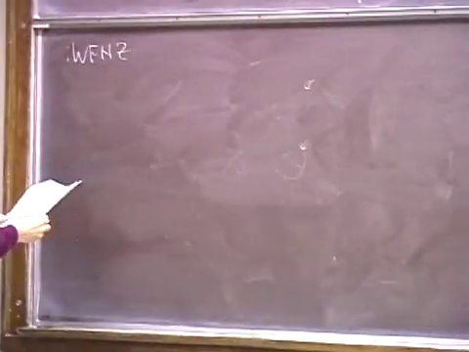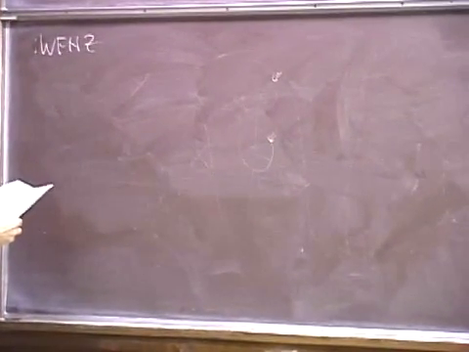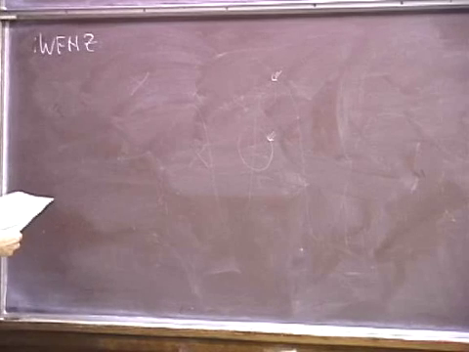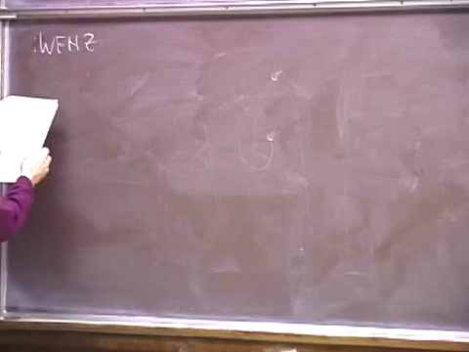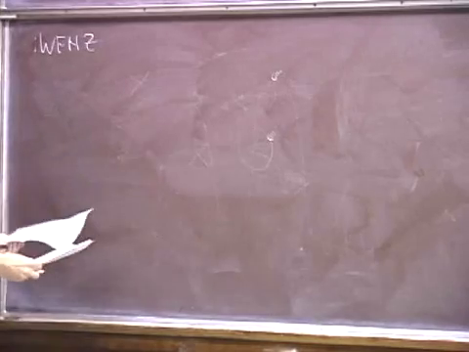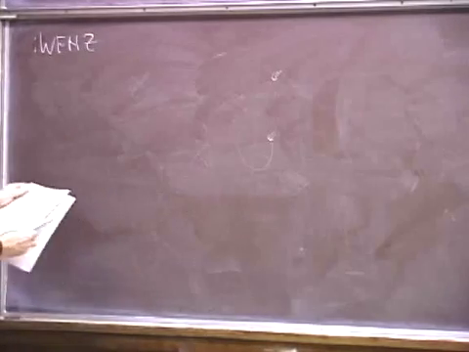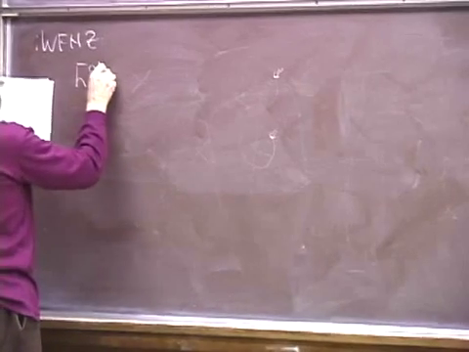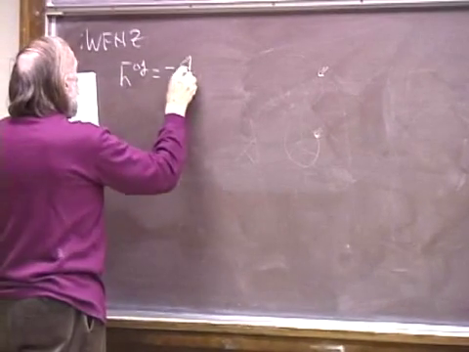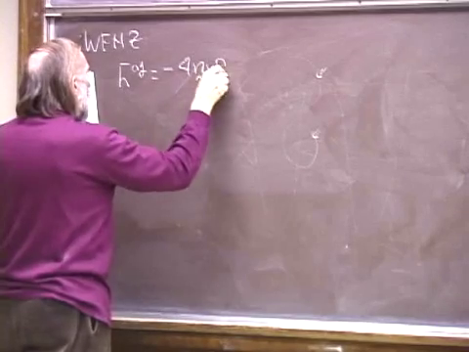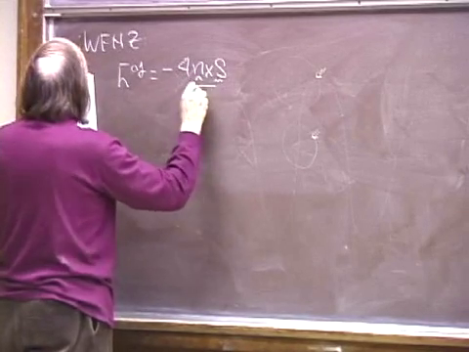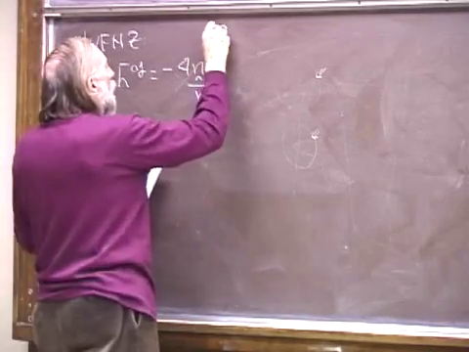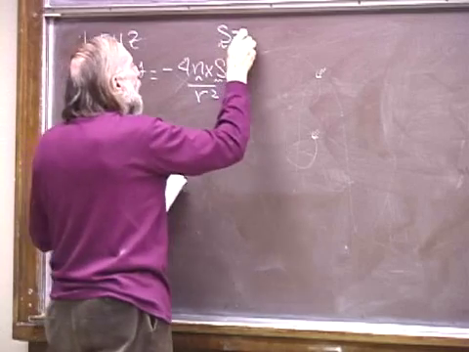You wind up with an expression that says that h bar 0j is equal to minus 4 n cross S over r squared, where S is the angular momentum.